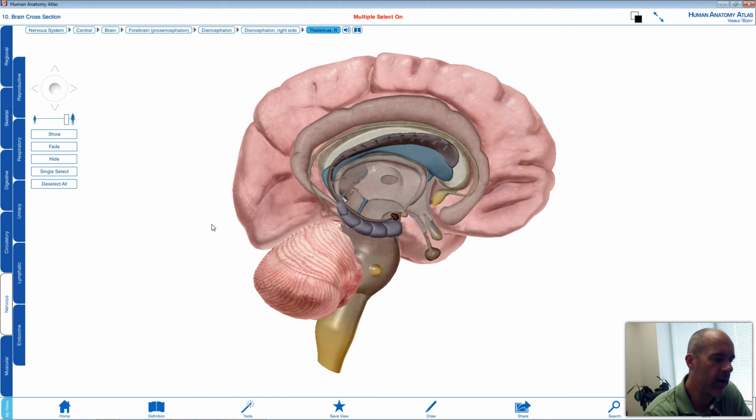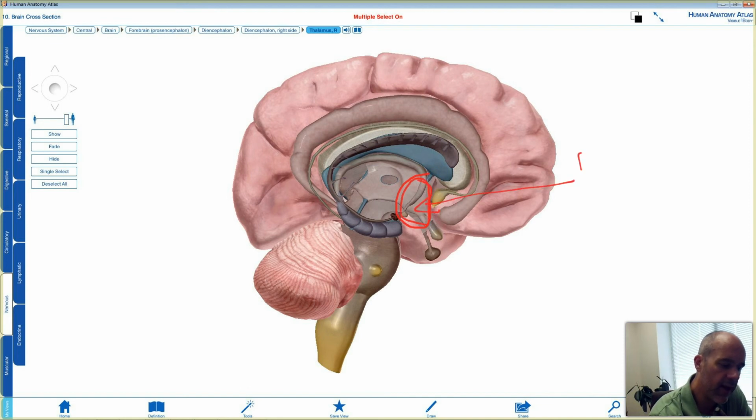And again we're looking at a lateral view, brain cut open in half. Right in here, this area, colored in gray, that is called the hypothalamus.